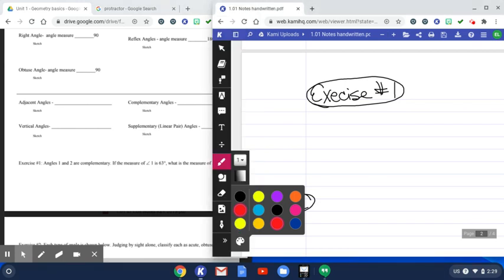So if I drew a picture with you for that, complementary, again, we know two angles make 90 degrees. So I'm going to draw our picture there. I'm going to have a ray come out. The larger of the two angles is going to be 63 degrees. And when we take 90, subtract 63, we get 27 degrees.